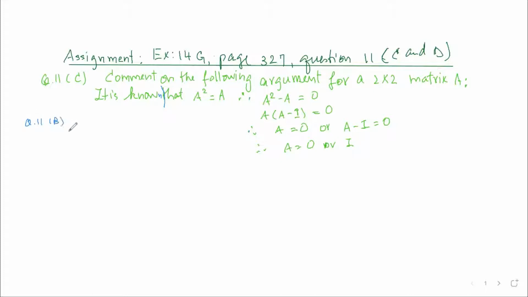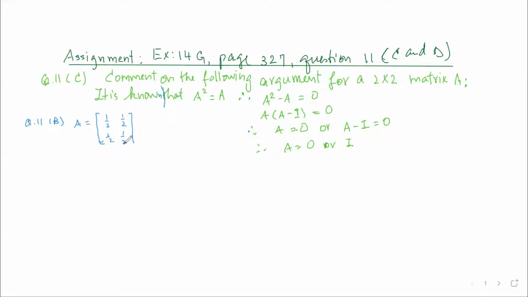In 11B, they give you A equal to this, 1 over 2 for each entry, where every element is equal.